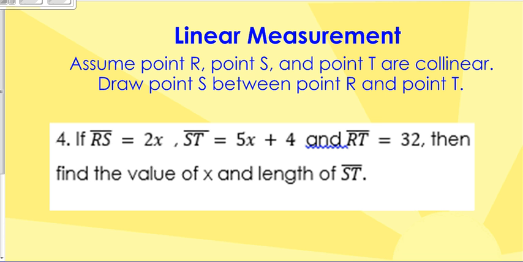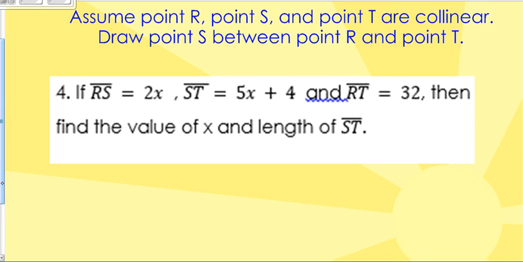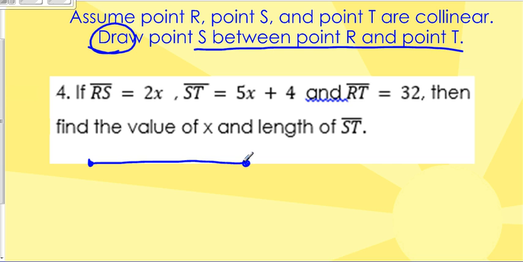Okay, so let's take this a step further. That was numerical values. Now we're going to look at word problems that they've given us. Now this is important. They tell us to draw S between R and T. So on my line segment, I'm going to draw RT with a point S in the middle. Now this might not be drawn to scale, but I'm drawing the picture they have given me.